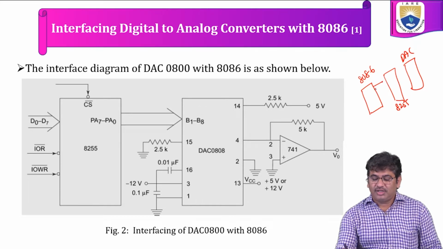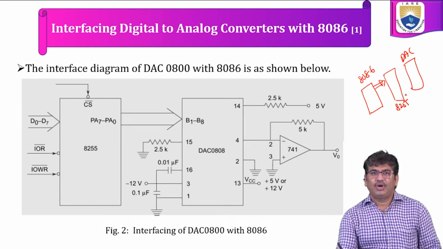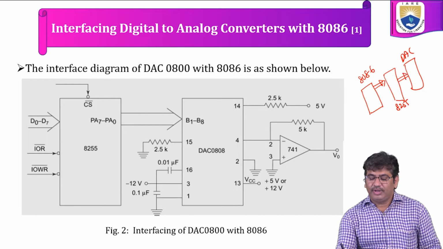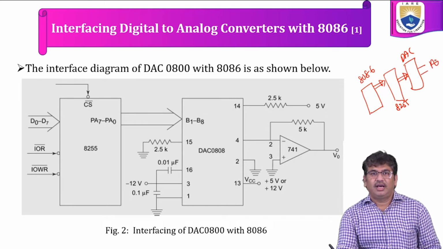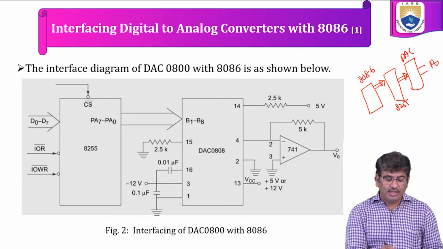First the processor will send the digital value which we want to convert into an analog signal. This 8255 will be given the digital data from the processor and pass it to the DAC. This will generate at the output side either current or voltage, so by using a proper device, we can convert the current into voltage.